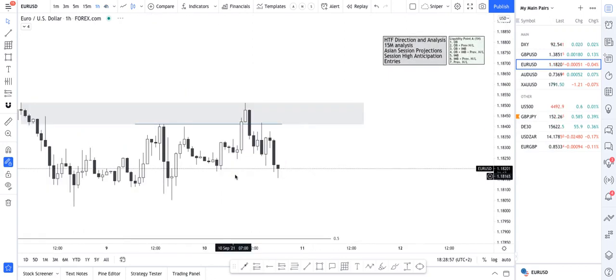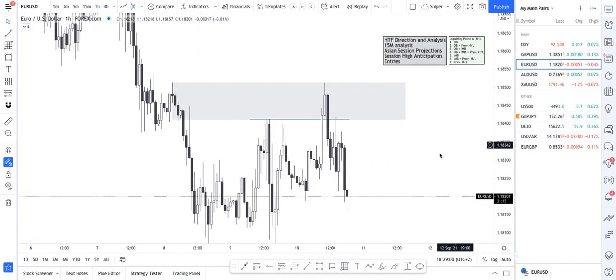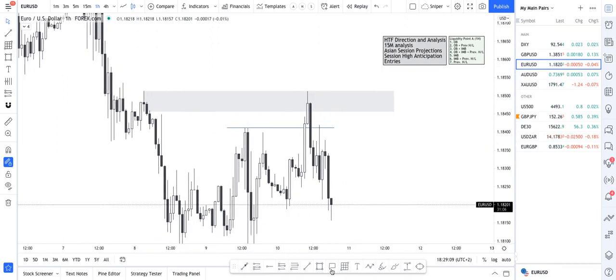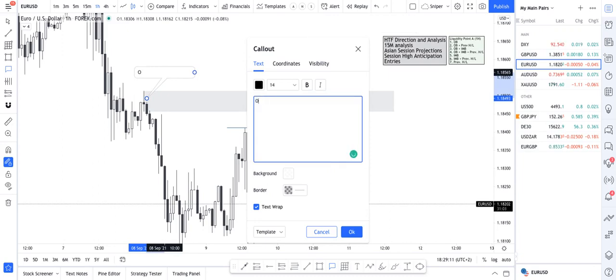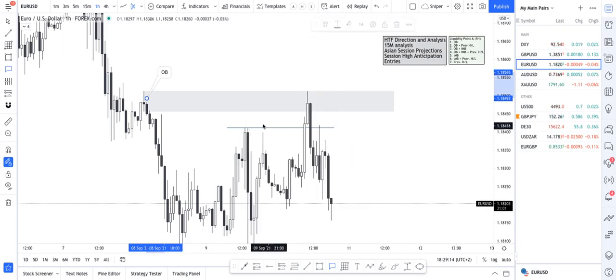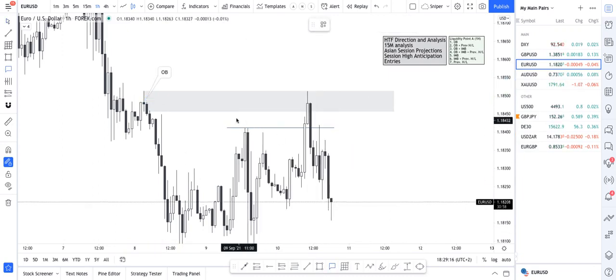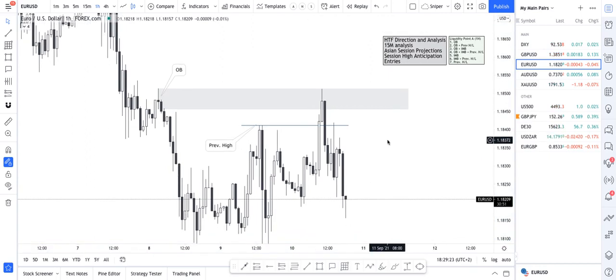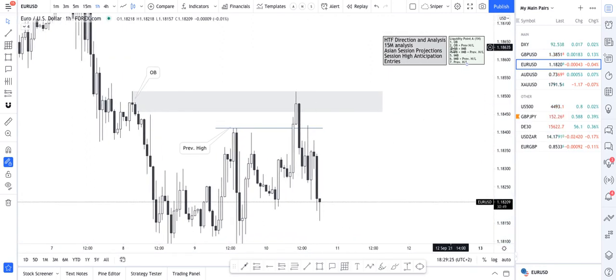Dropping down to the 1 hour, we can refine this area even more. So we can refine it towards that candle. We have a previous high, so let's label this a bit further. We have an order block, and we have the previous high. Remember, this is the 1 hour. Now we can see that we have potentially a type 2 setup, a type 2 liquidity profile happening over here.